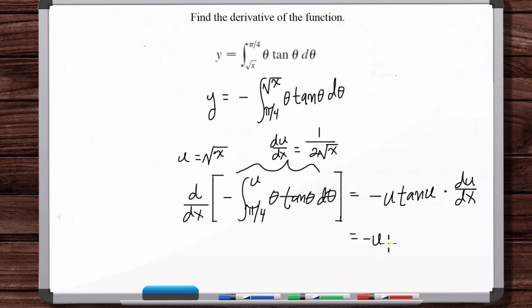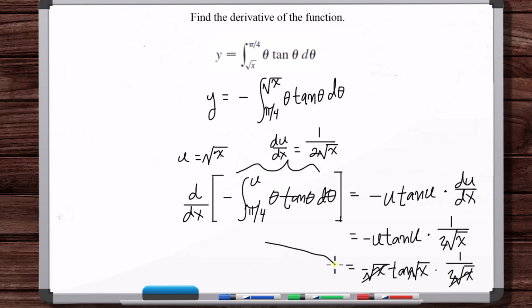So this is minus u tangent u times 1 over 2 root x. Now substituting root x for u, the root x is canceled.